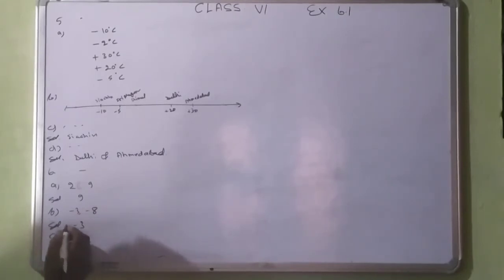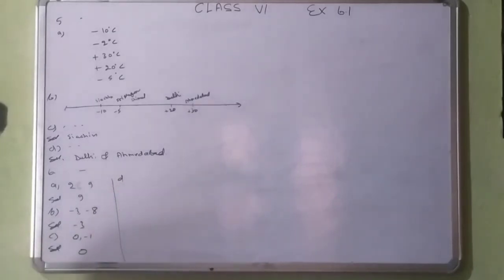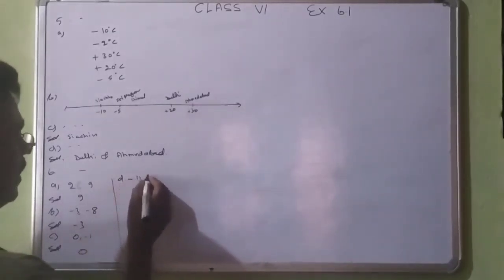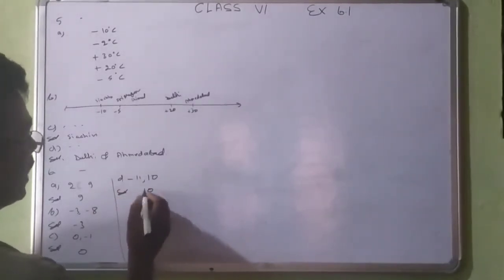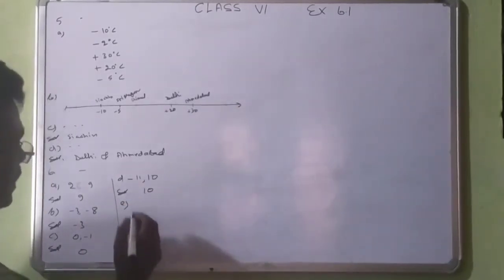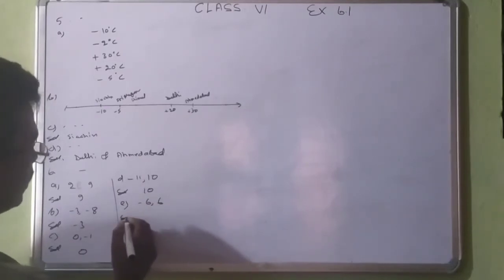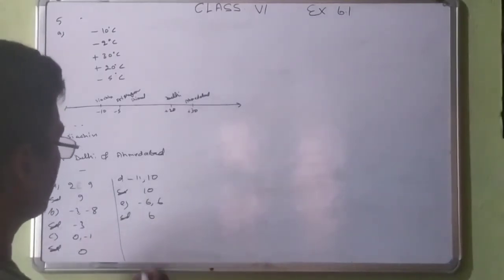C part, 0 and -1, so 0 is greater than -1, so that will be 0. Now see D part, -11 and 10, 10 is greater than -11, so 10 will be on the right side. E part, -6 and 6, so 6 is greater than -6, so 6 will come on the right side.